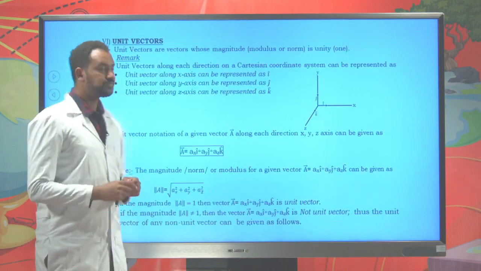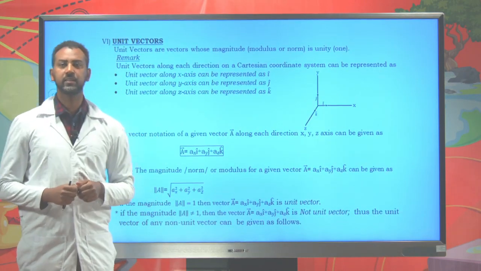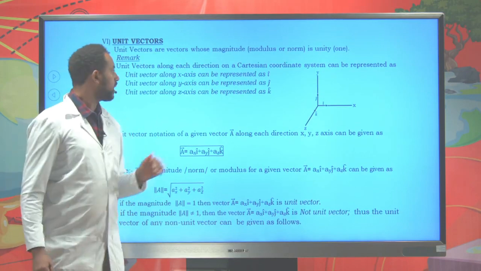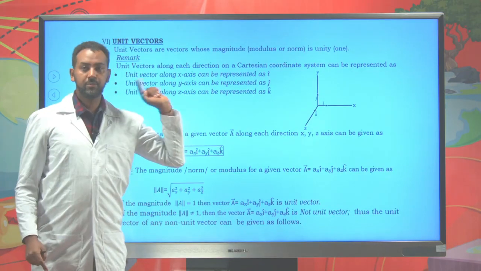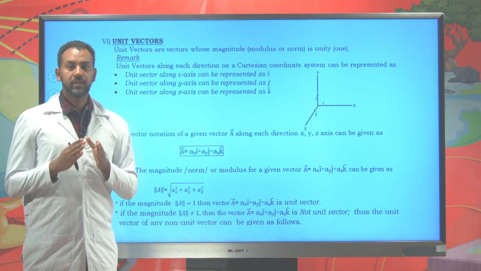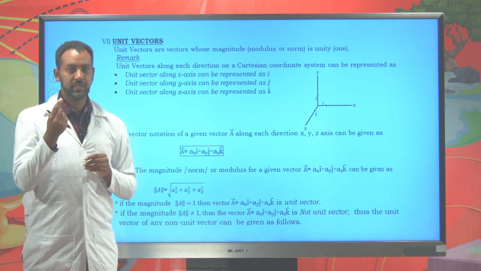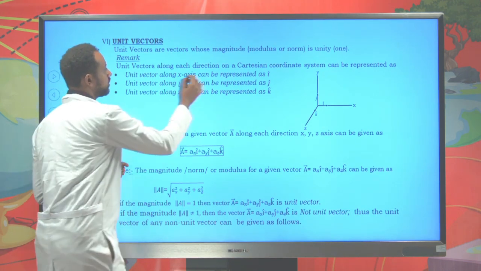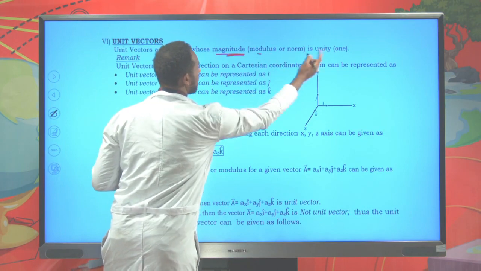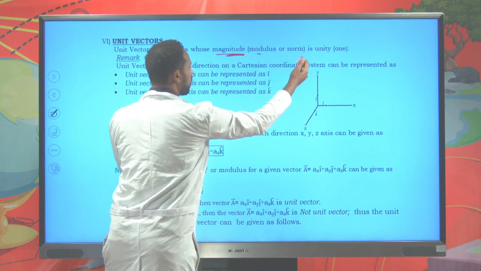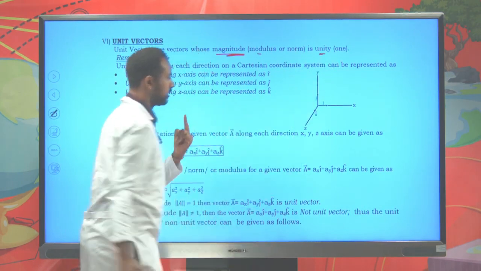Now let's proceed. The other most important vector is the unit vector. As the name implies, the magnitude of the unit vector is unity, which means 1. The magnitude, which we also call the modulus or norm, should be 1.